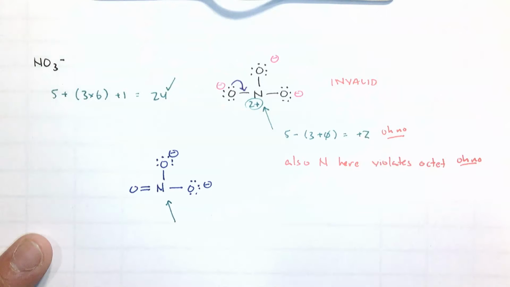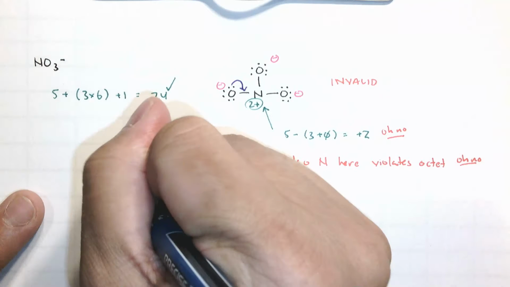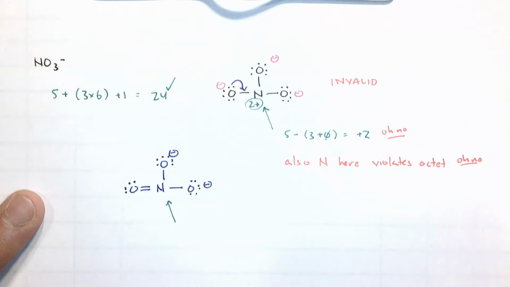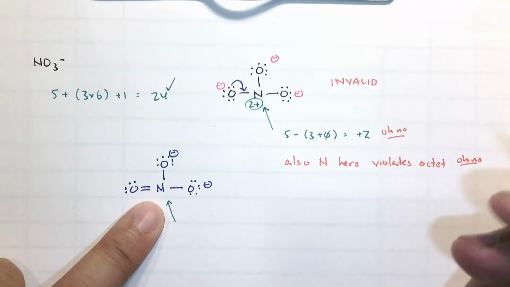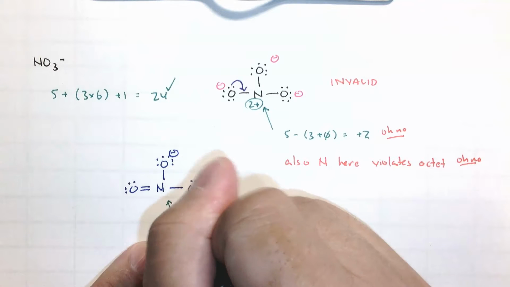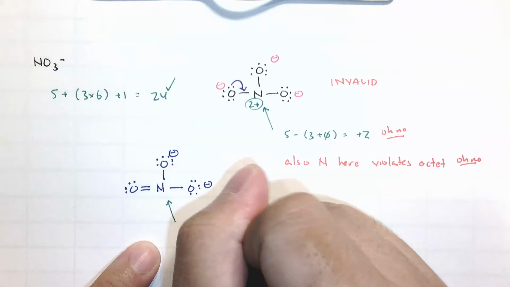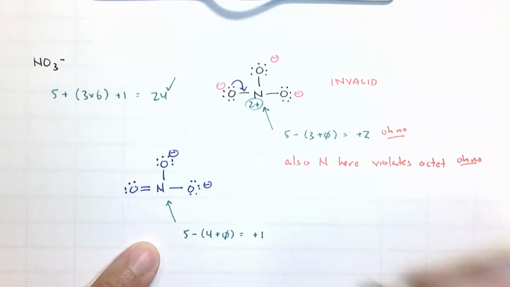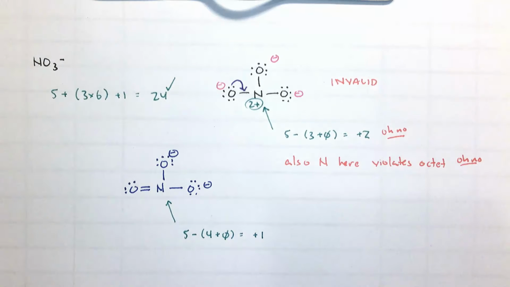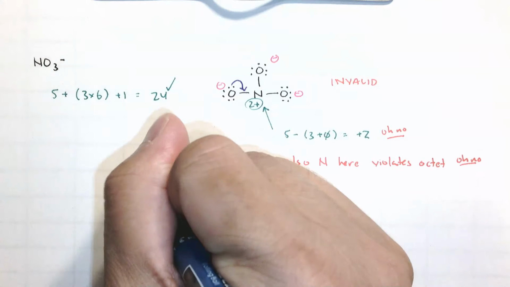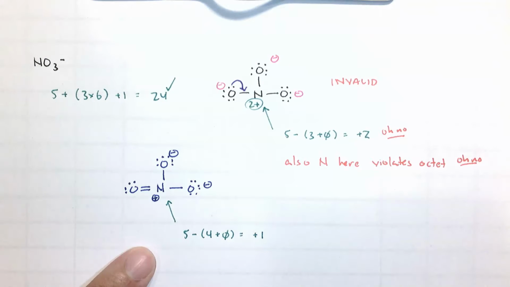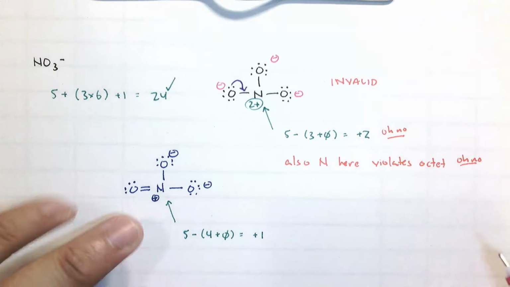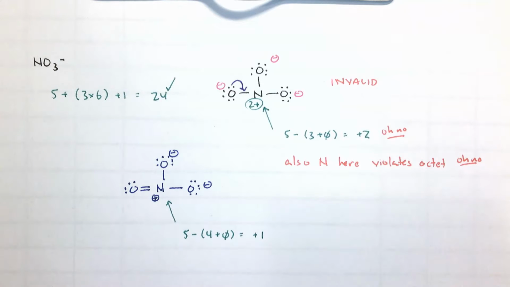Oh, before we do that, we have these 2 lone pairs for oxygen, right? The formal charge for this nitrogen is 5 minus 4 sticks plus 0 baseballs. That's plus 1. Okay, it's still charged, but at least it's not a 2 plus. And see how it satisfies the octet rule? That's where we stop. We're done.